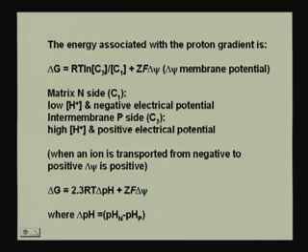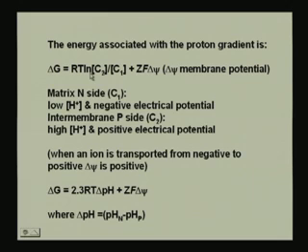Okay? Now, the matrix side is the N side that has a low proton or low hydrogen ion concentration and a negative electrical potential. The intermembrane side, which is the C2 concentration in this case, has a high proton concentration and a positive electrical potential. So, when you are looking at the delta G values, you have an RT ln.